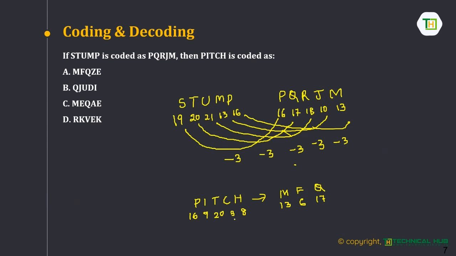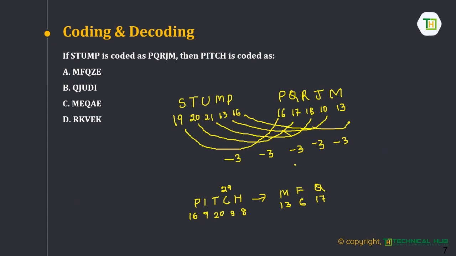Here C is taken as 3 or 29. A is taken as 1 or 27, B is taken as 2 or 28, C is taken as 3 or 29.